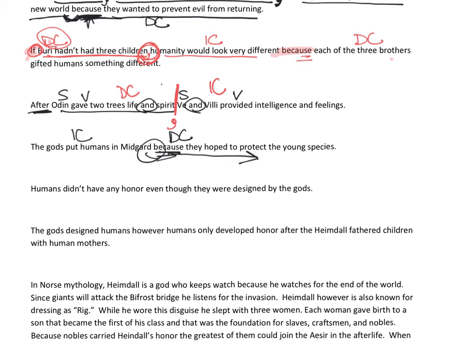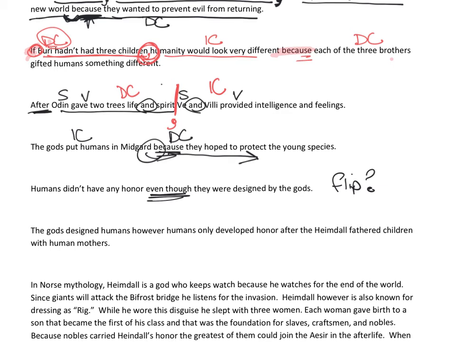Okay, next one. Humans didn't have any honor even though they were designed by the gods. That's two words, not one. Does that work? Well, let's see. If we are ever unsure, we just go back to our rule, and our rule is, does it flip? So let's take a look. Humans didn't have any honor even though they were designed by the gods.